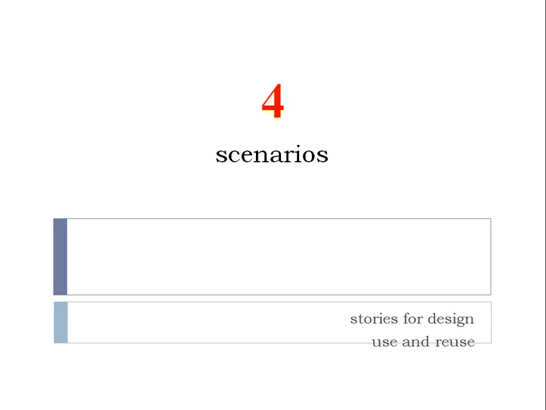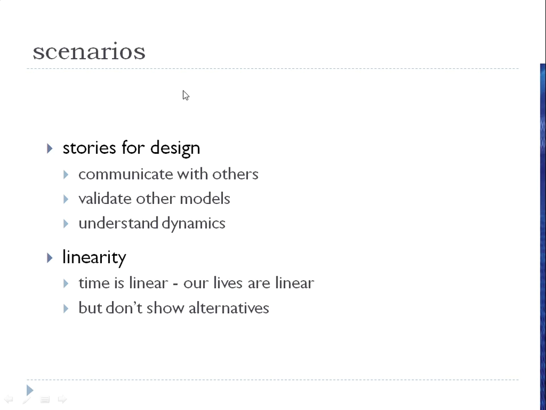The fourth thing we must consider in the interaction design process is scenario. That is the story of design, the use and reuse. The scenario is about the story of design, how to communicate and how to validate the model, and also linearity.